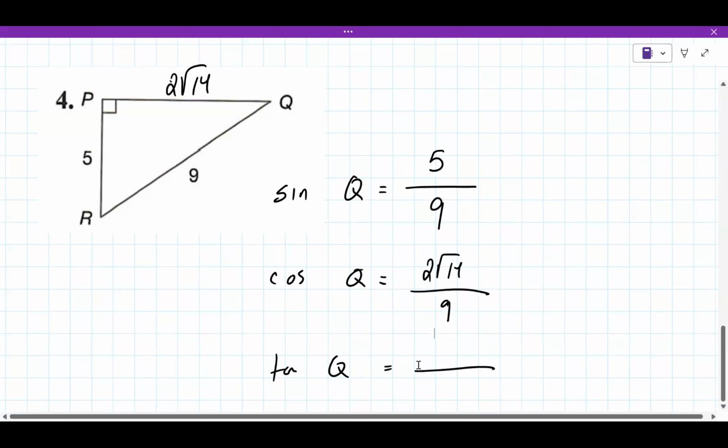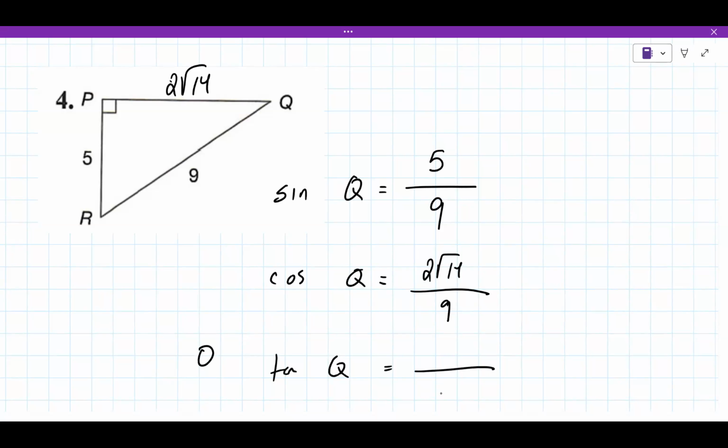Okay, help me out with the tangent of Q. 2 square root of 14 over 5. So opposite over adjacent, and you're standing here at Q. The opposite is the one that's furthest away.